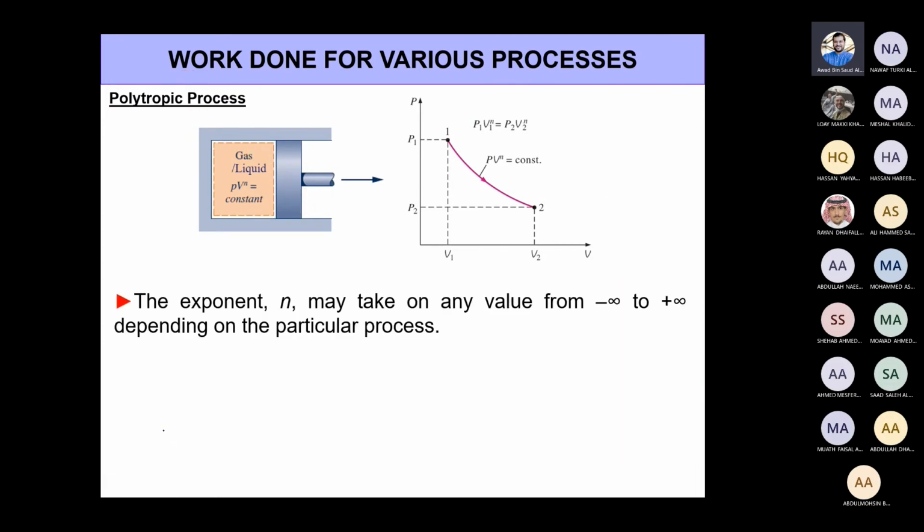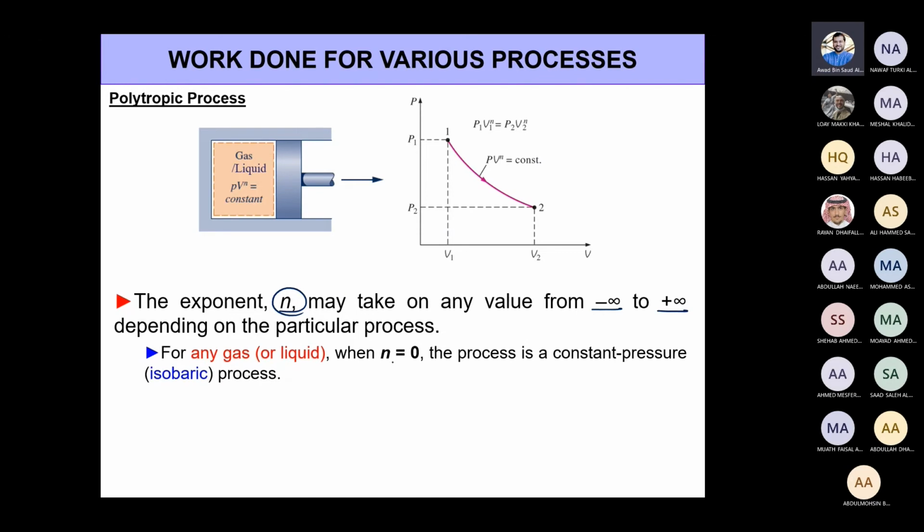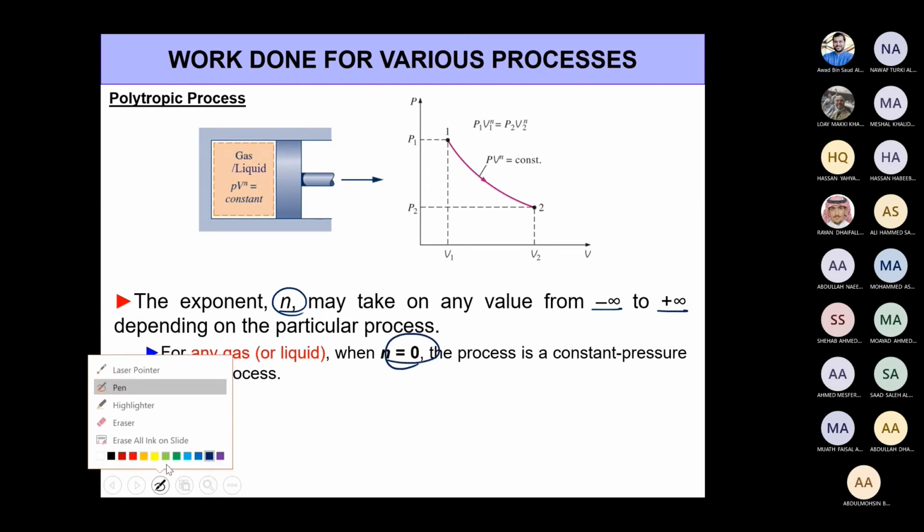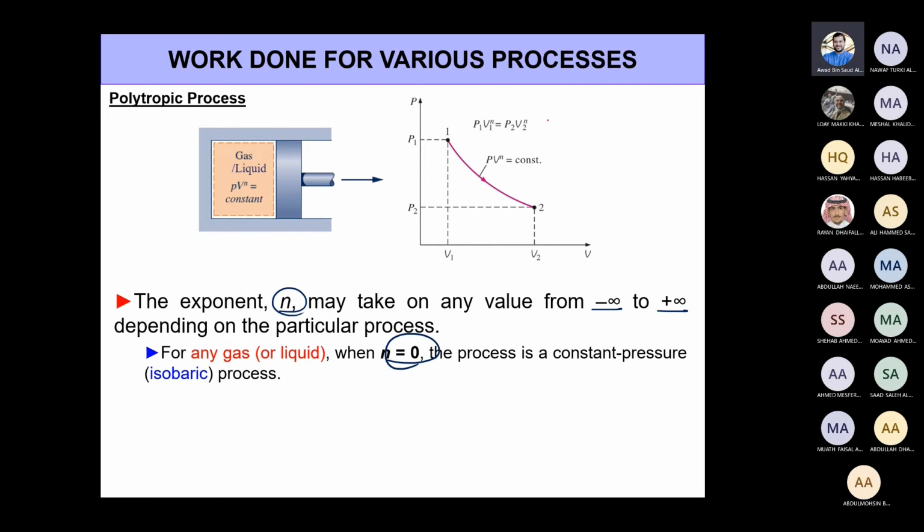We said n is any number which can take values from minus infinity to infinity. Let us say n takes the value of 0. If n is equal to 0, PV^n is constant, so what we are saying is essentially pressure is constant.